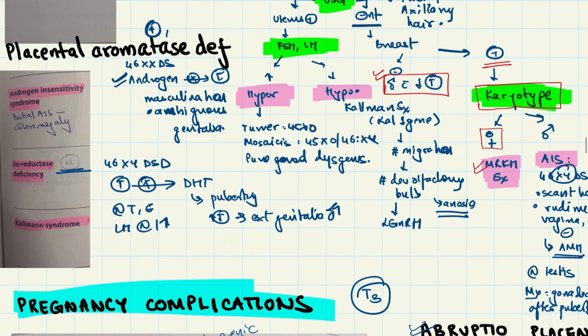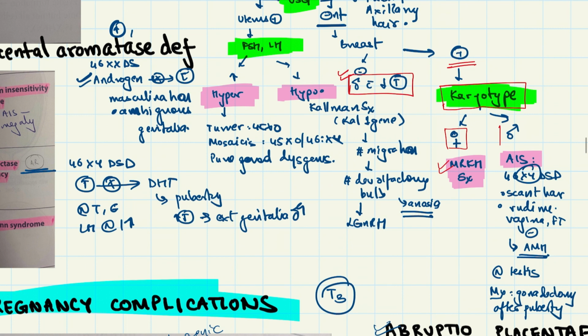For a female karyotype, the diagnosis is MRKH syndrome or Mullerian agenesis, and for a male karyotype, the diagnosis is androgen insensitivity syndrome. Right? We already studied it is a 46XY DSD.